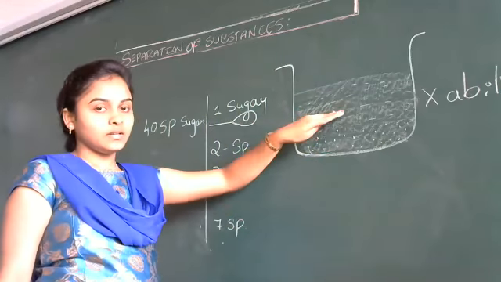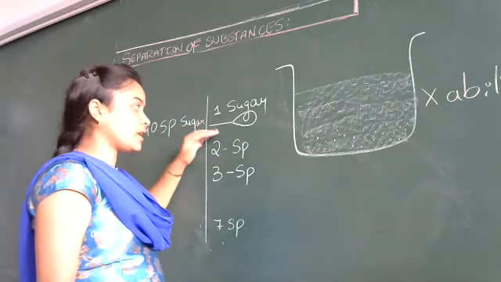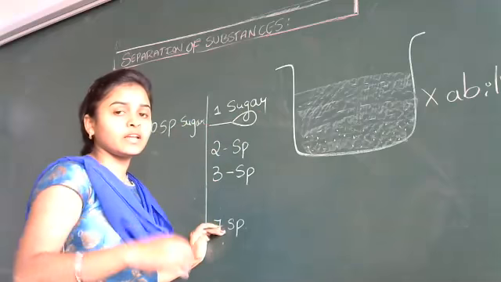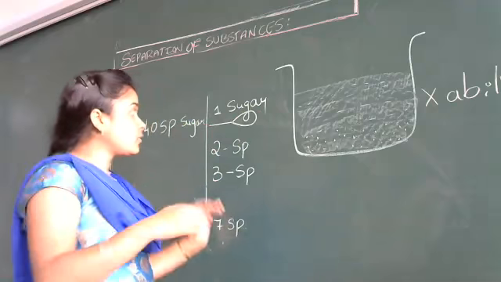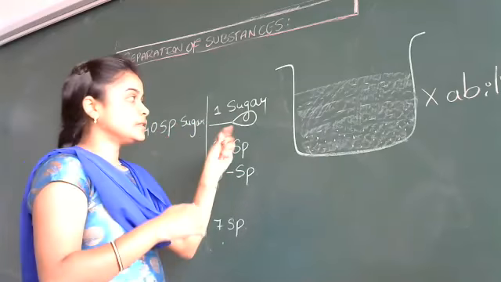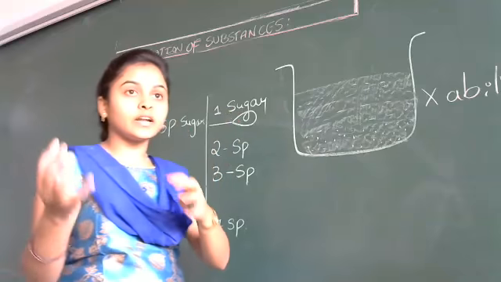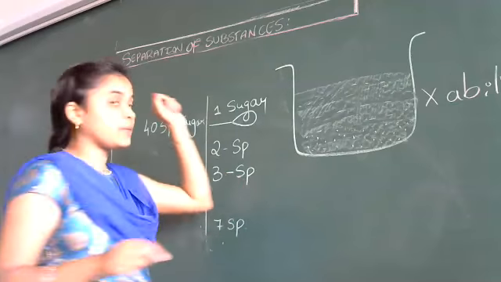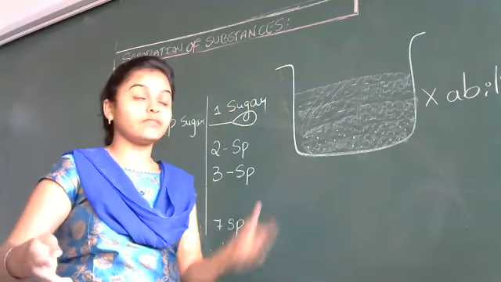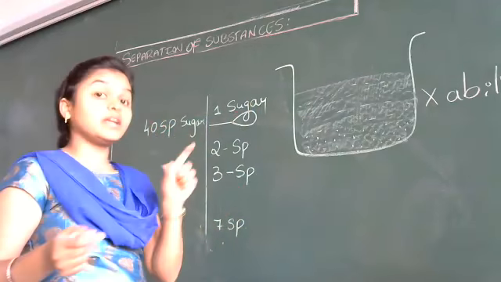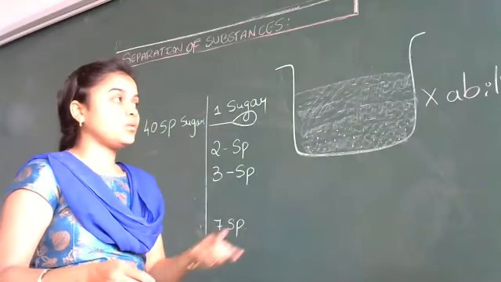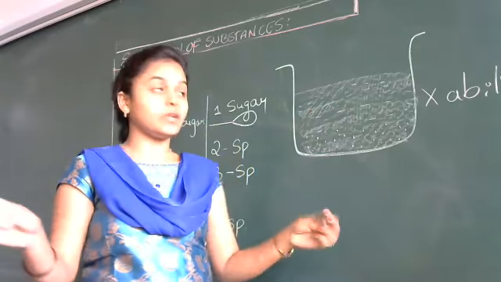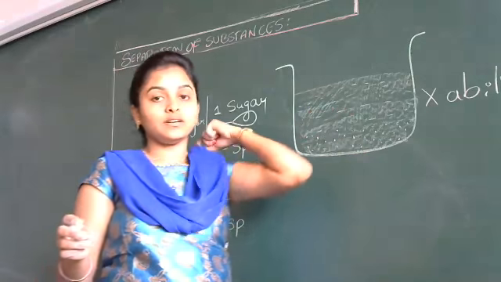In this water we started with 1 teaspoon, 2 teaspoons, 3, 4, 7, 10, 11, 12, till 39, and it dissolved completely. Right? After that we added 40 teaspoons of sugar. Now what happened in this case? This water loses its ability to dissolve it.